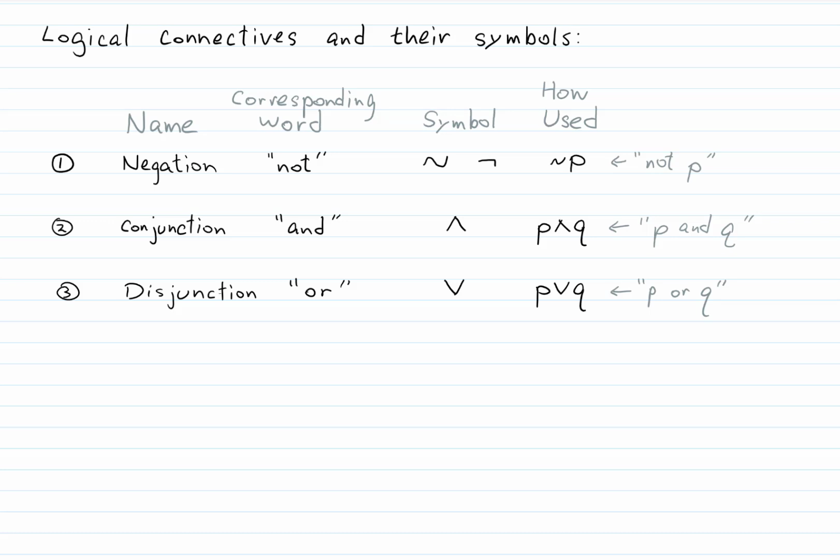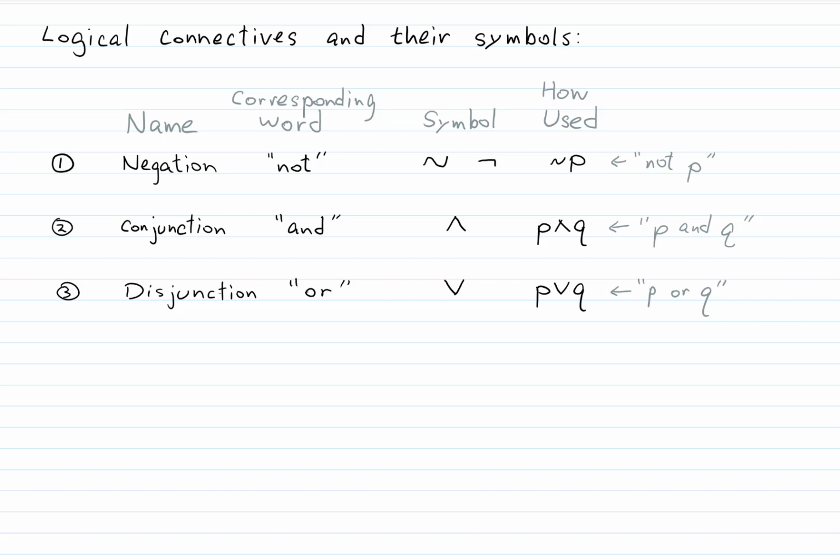Now, do not get lazy and start writing this and this, because they will be marked wrong. That means something different. That means intersection and union, not conjunction and disjunction. Okay, they should come to a point. It's two straight lines connected at a point.